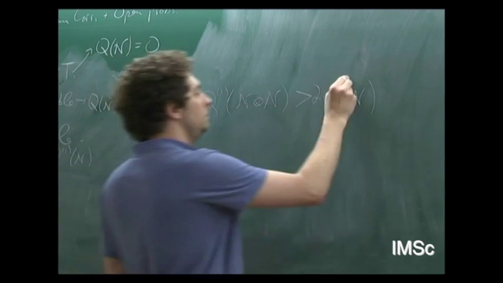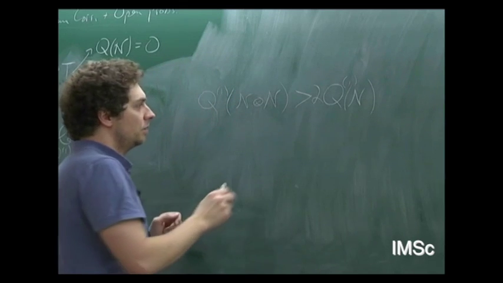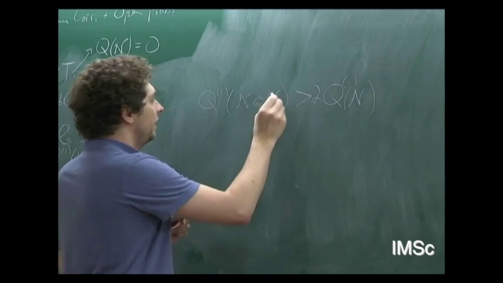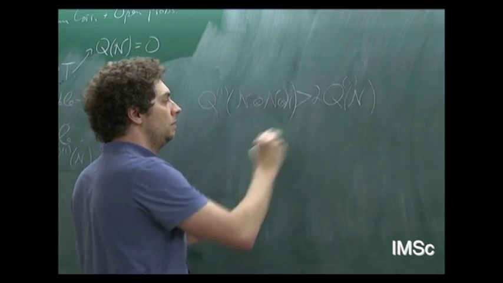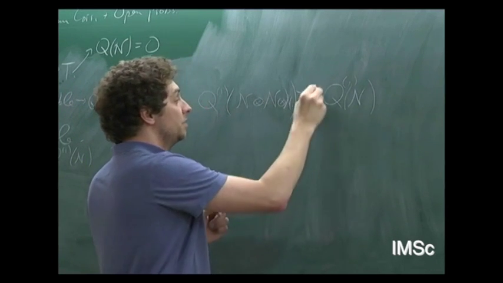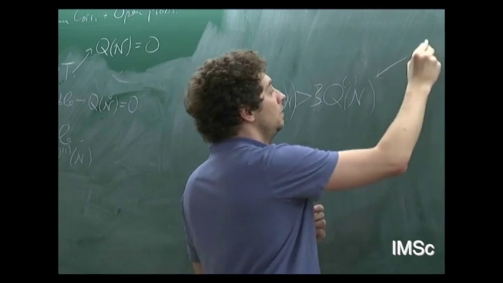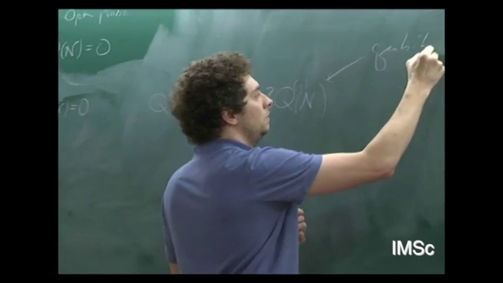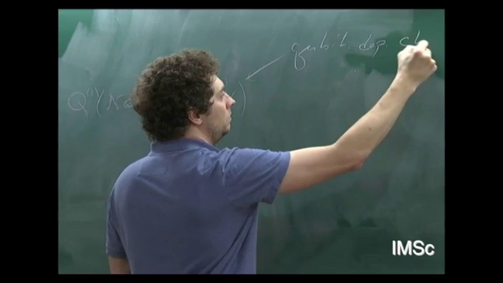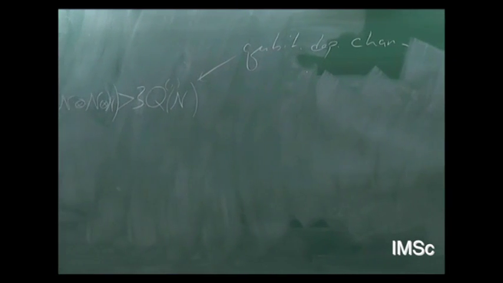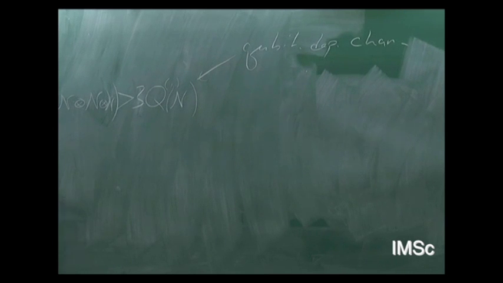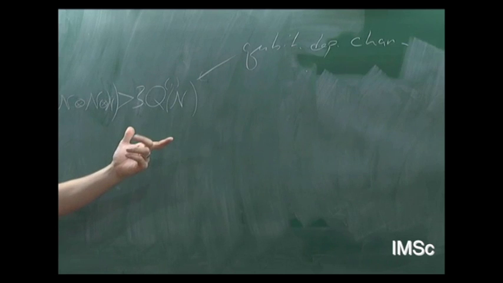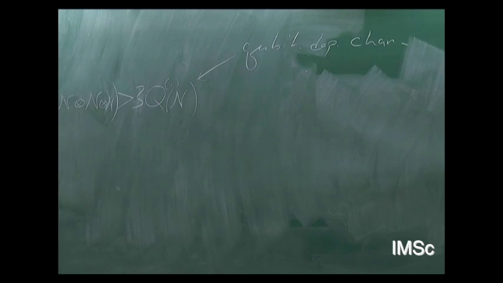For example, it's not quite true, but if I take 3 copies of, say, a depolarizing channel on qubits, then for certain values of error probability, when I evaluate the coherent information on 3 copies of the channel, it's strictly bigger than 3 times the coherent information on 1 copy of the channel.